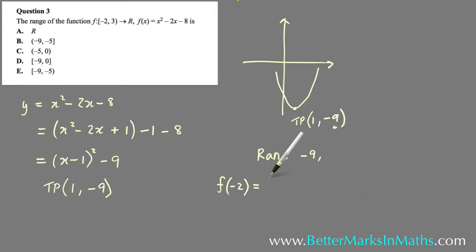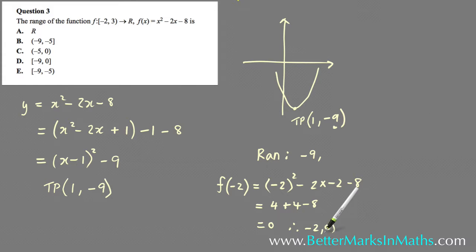So f of -2, subbing that into here, x equals -2, so you get -2 squared minus 2 times -2, and then minus 8. So this equals 4, and then plus 4, and then minus 8. All of that equals 0. So therefore you have the point -2 comma 0. So that means this is going up and touching the x-axis there.